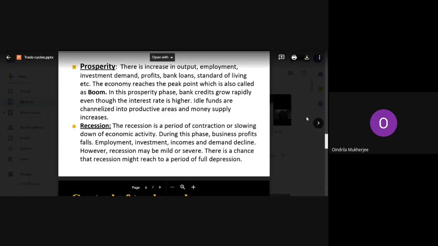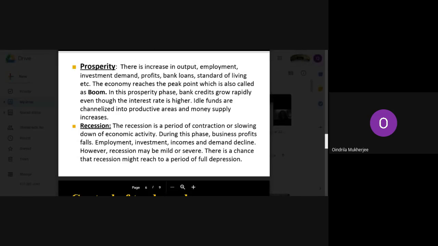Now, in the prosperity stage, what happens, students? Prosperity is the best situation, and in this prosperity phase, the economy reaches the peak position at the topmost point. The economy reaches the highest point, and this topmost point will be called a boom. I will write the same in the chat box.